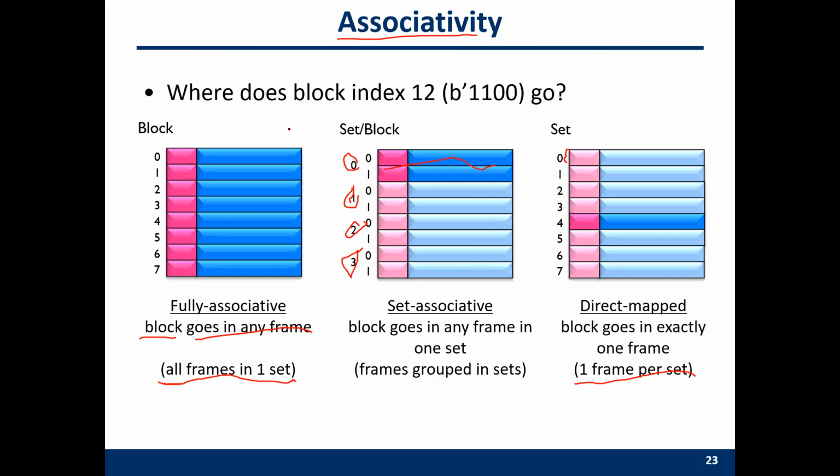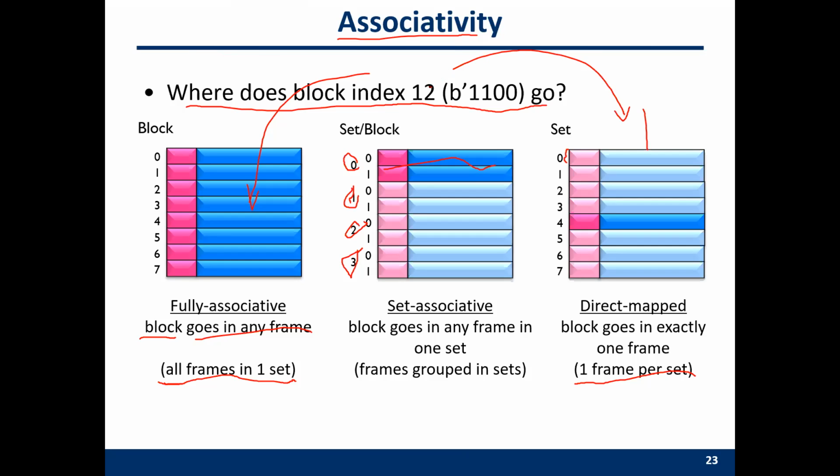So if you have this memory address, this address can go to any location in this type of cache. And this address can go to exactly one location.